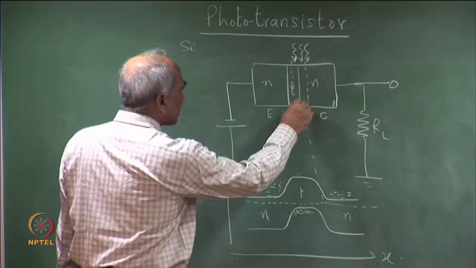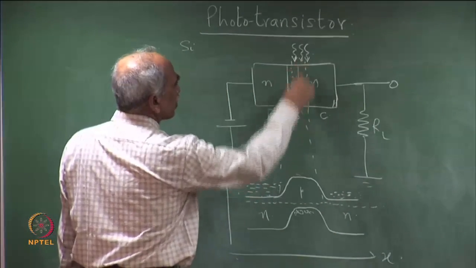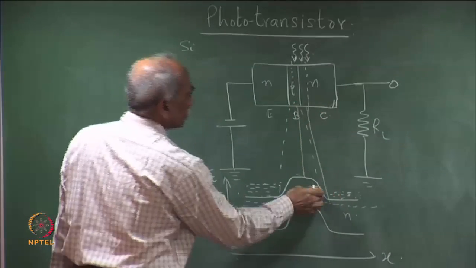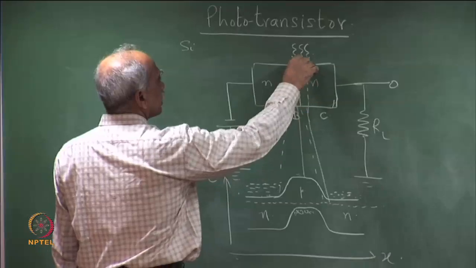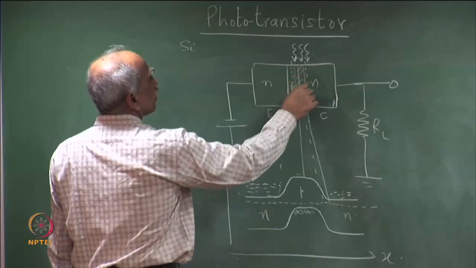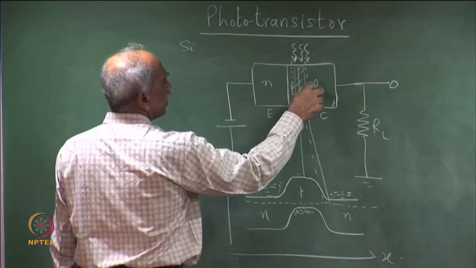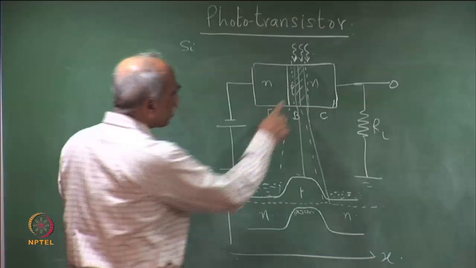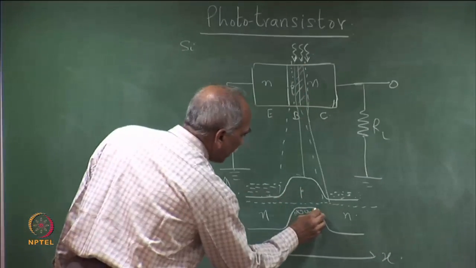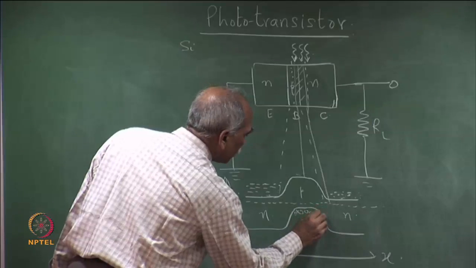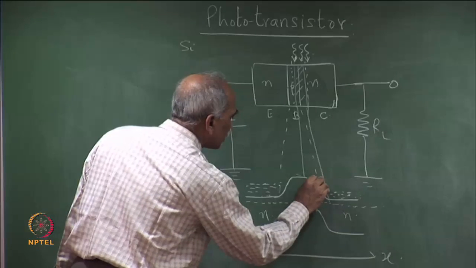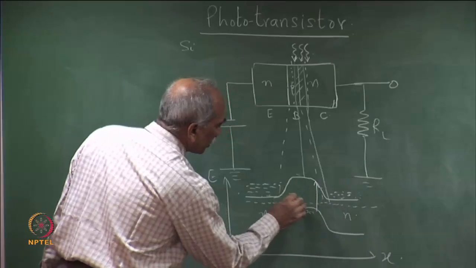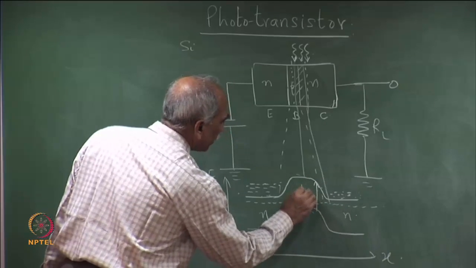A photon flux is incident on this junction here. This is the active area, the base-emitter, base-collector PN junction. A photon which is incident here creates an electron-hole pair. So, an electron makes an upward transition here. Let me show the incident photon, h nu.